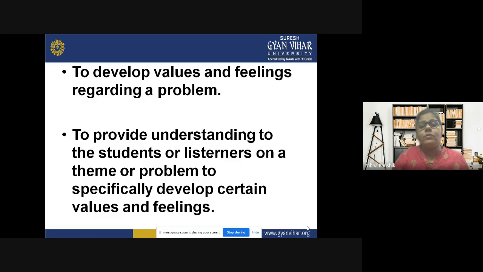To provide understanding to the students or the listeners on a particular theme or problem, to specifically develop certain values and feelings towards the problem or the theme that is going to be discussed in the symposium.